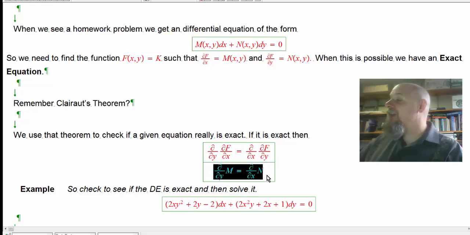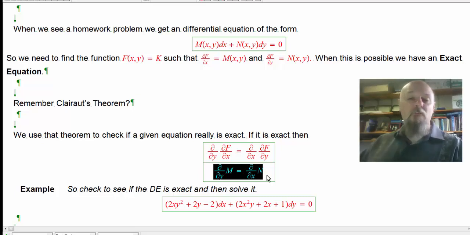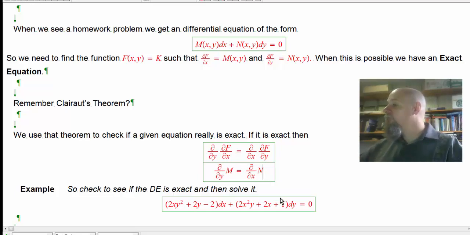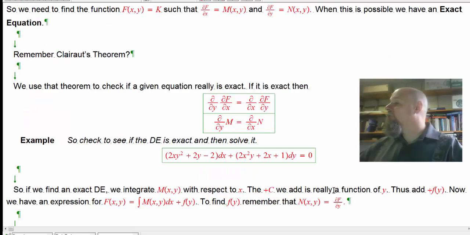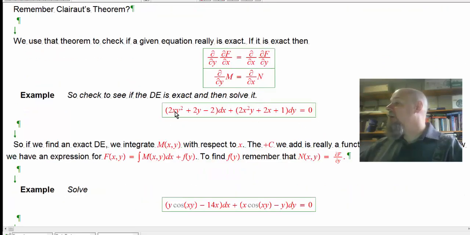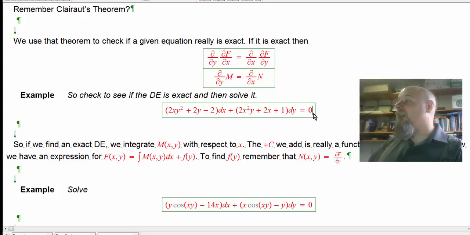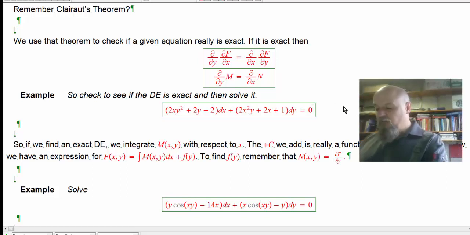If I get the same thing, if they're equal, then the equation's an exact differential equation, and so the method that we're going to follow will work, but I have to check first. So, here's a problem. I've got a bracket times dx and a bracket with x's and y's times dy equals 0. It looks like it's of the form, but the first thing I need to do is check and see if it's exact.